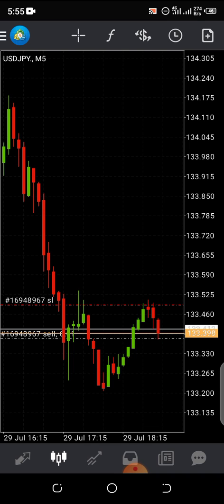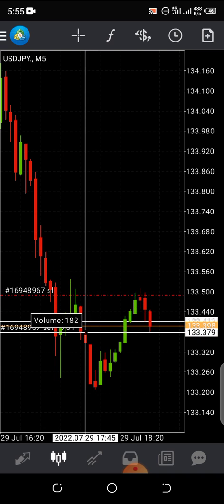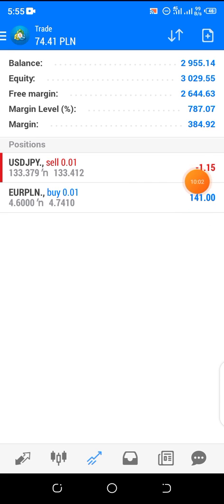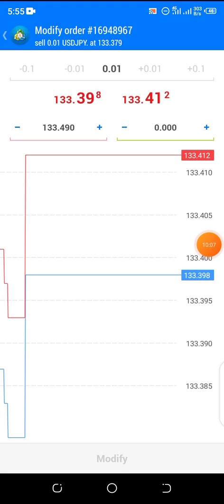So 0.15 plus the current value where the market is at this point, 133.379, it will now give us 133.529. We'll go to our trade, click and hold, then click on modify. Click on the TP. This red one is stop loss, while this blue one is take profit.